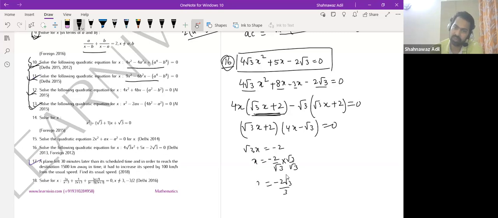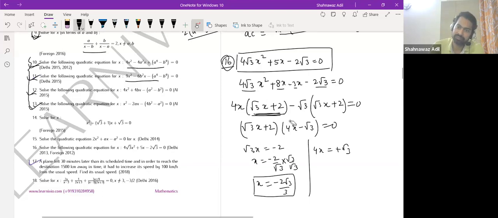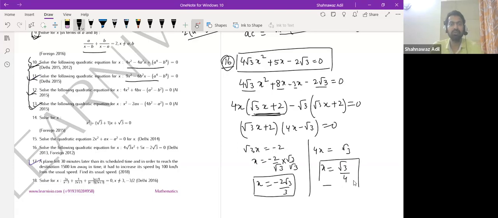So this is one, and the other one is what? 4x is plus root 3, so x is root 3 by 4. These are the two values. Okay, this is the answer that you got.